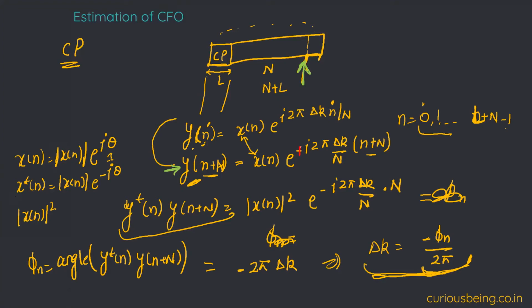This is just a typo, because when it goes to y conjugate n, it changes. Thanks for notifying this. And of course, this is before CP removal.